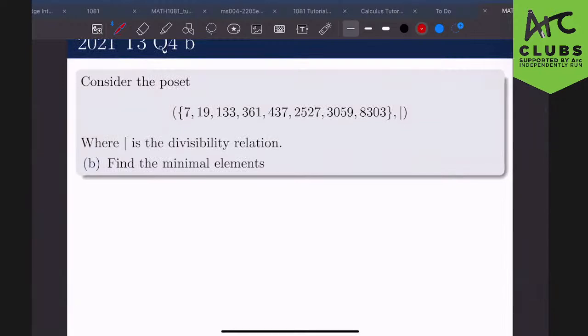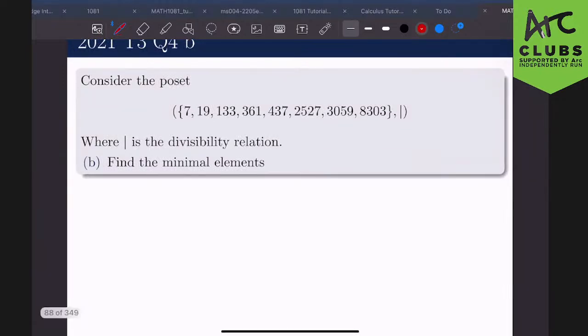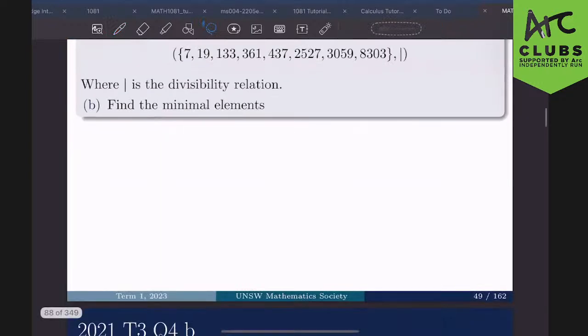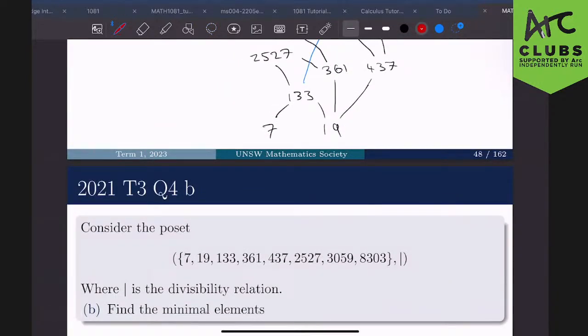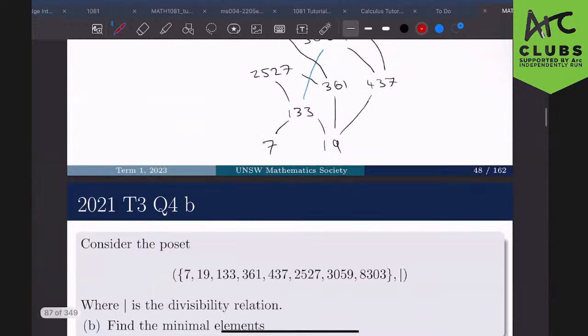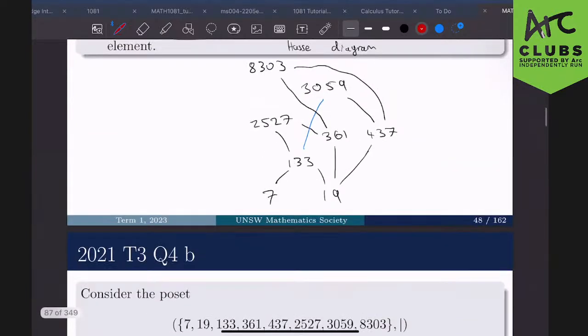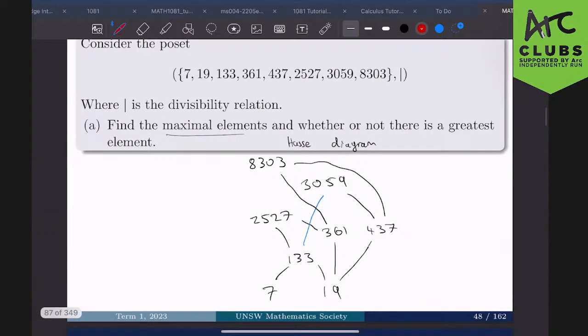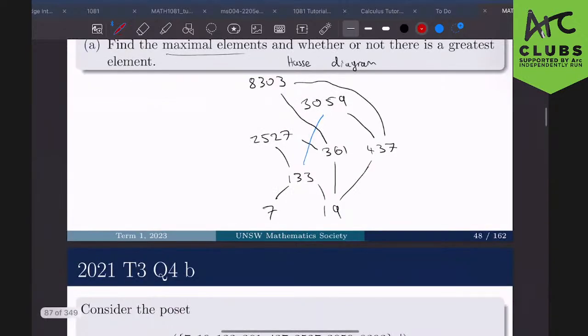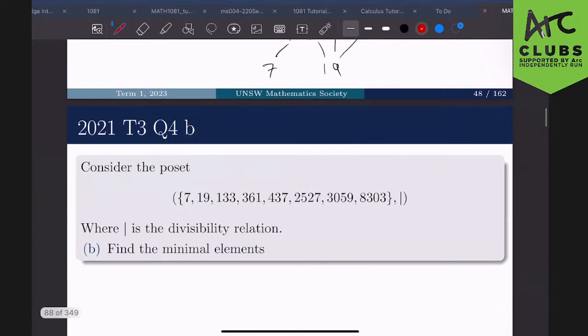Okay, and now it's a very similar question, but we're finding the minimal elements. The minimal elements, as the name suggests, are the elements which don't have anything coming from below in your diagram, right? There's nothing that divides, in this case, 7 and 19.